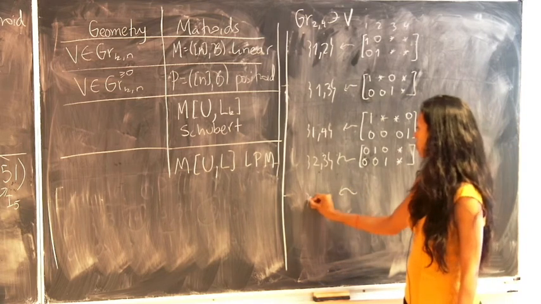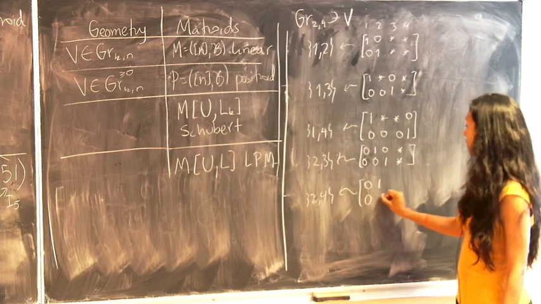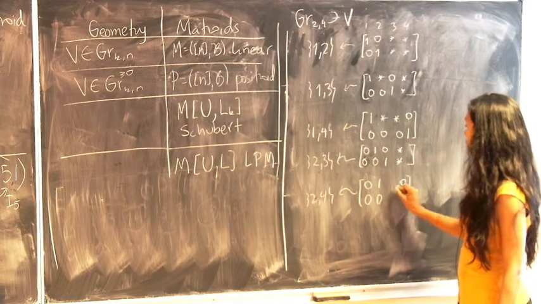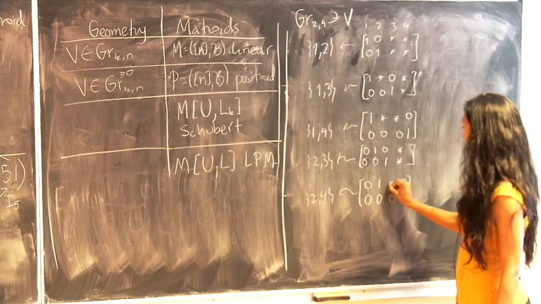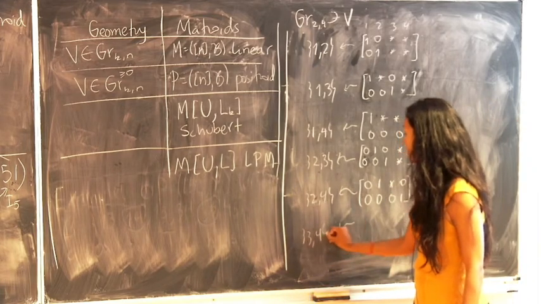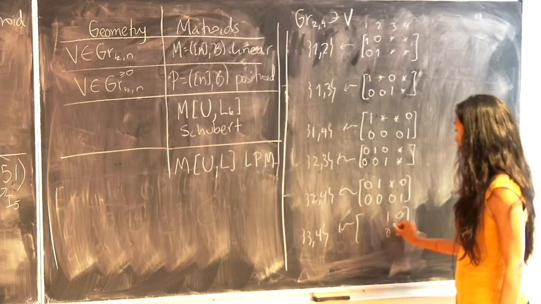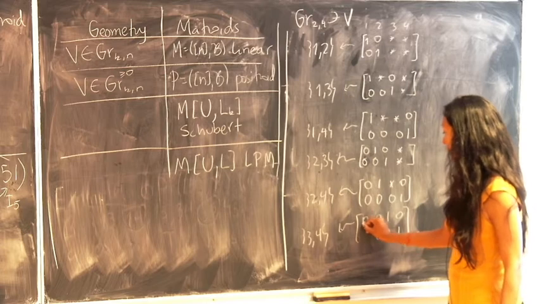Similarly with 2, 4, the origin here, the identity in columns 2 and 4, something here, and finally 3 and 4. So in 3 and 4 I have the identity and nothing here.